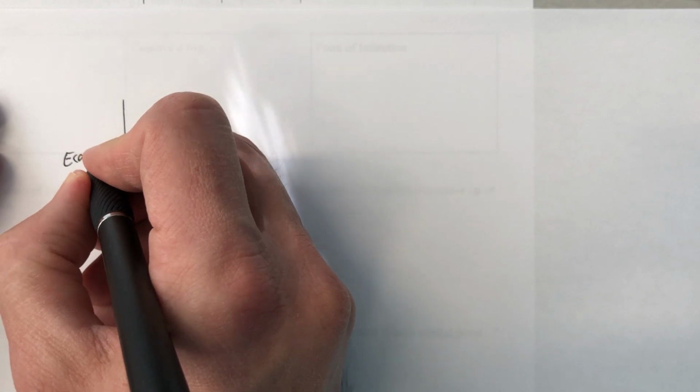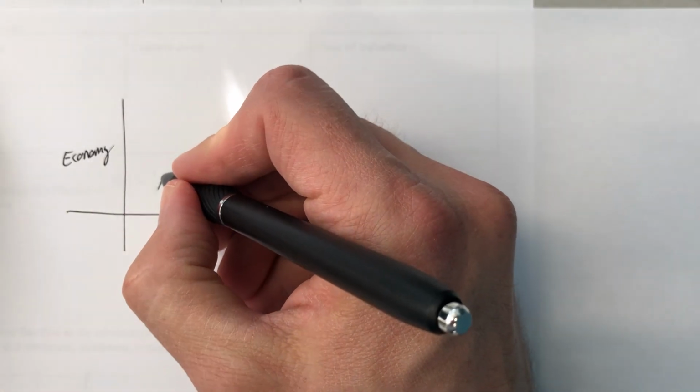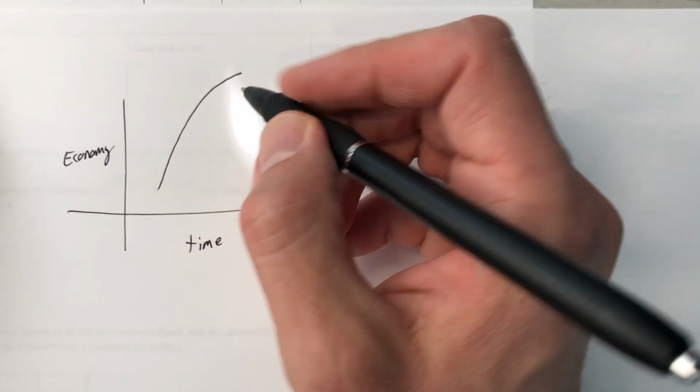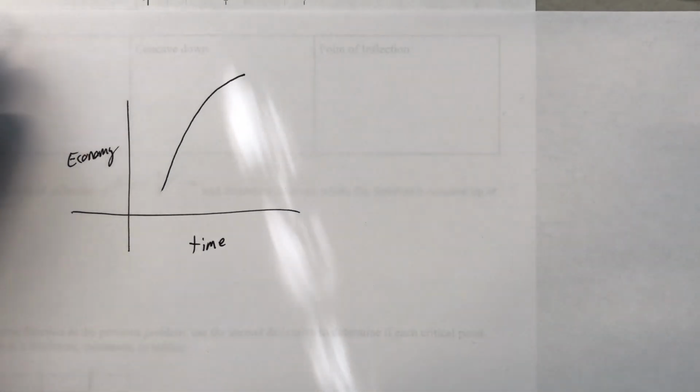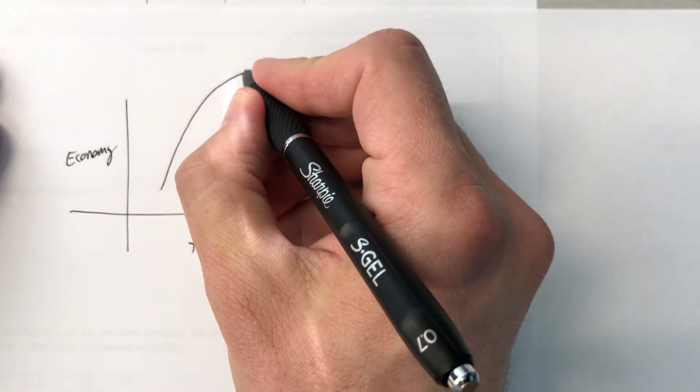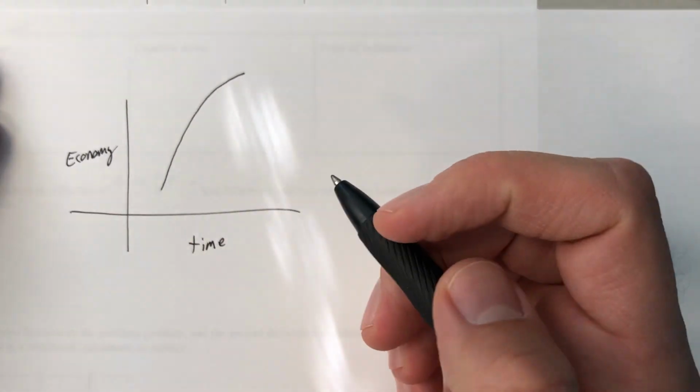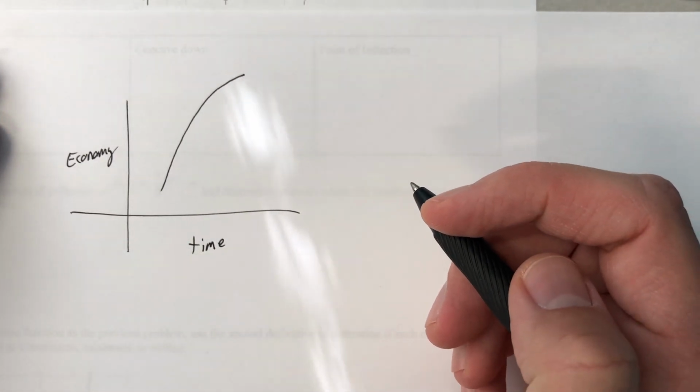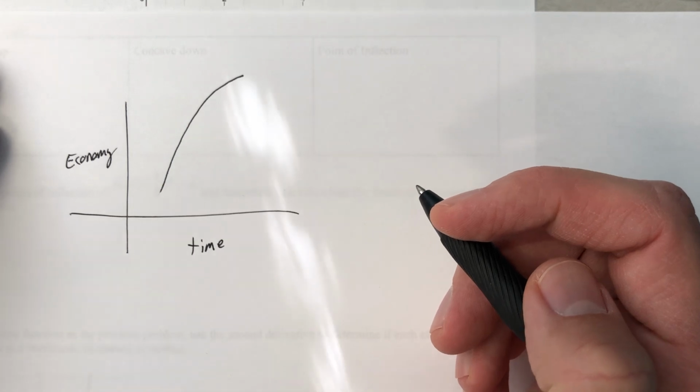I don't know what the units would be, gross domestic product, I don't know. Let's suppose it looks like this. One person says, look, under my watch, the economy has expanded. And then the other person responds with, yes, but it's decreasing.